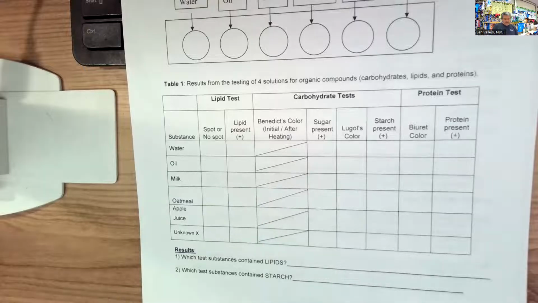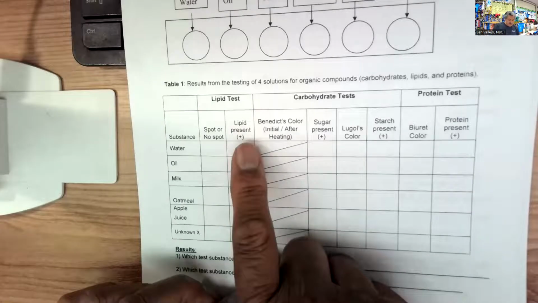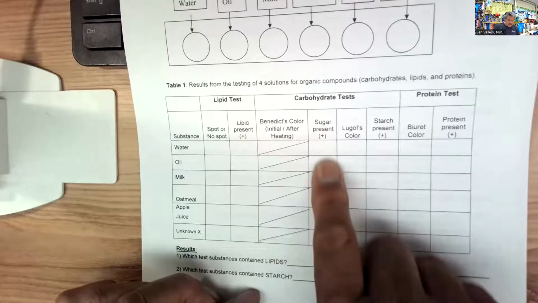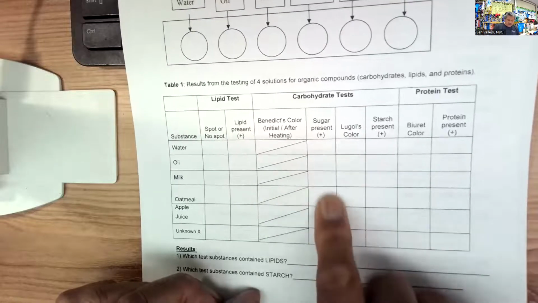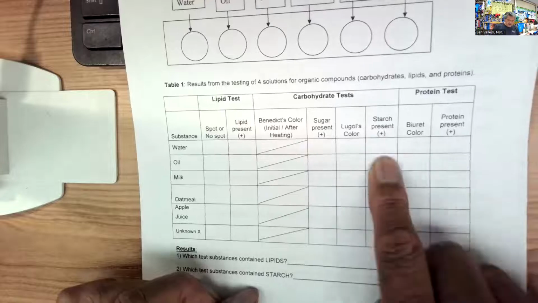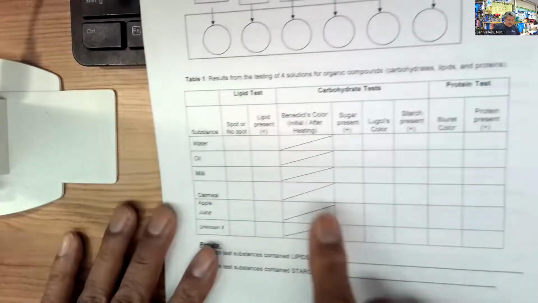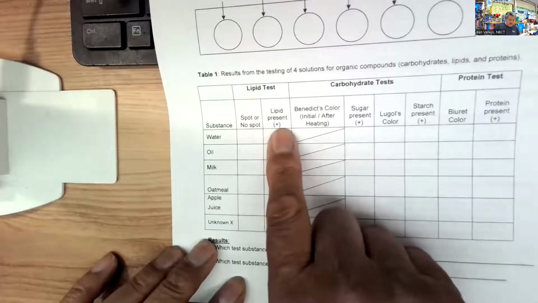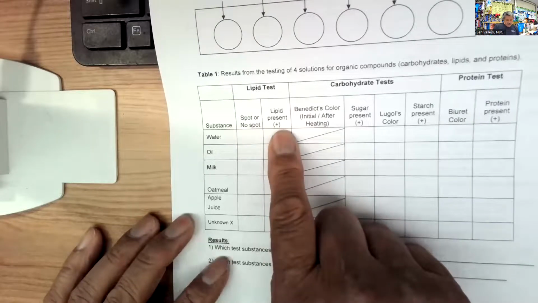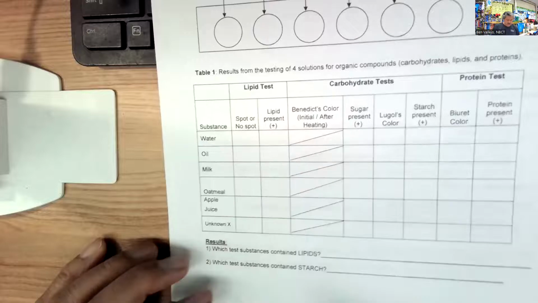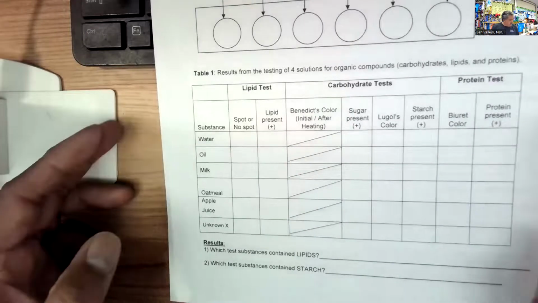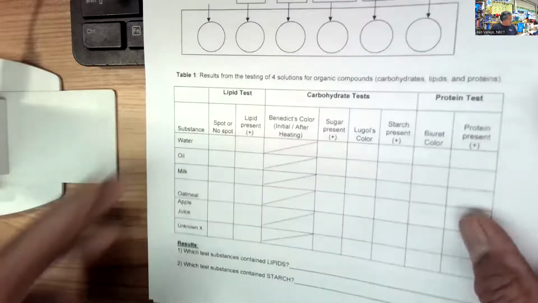And then from the pre-lab, if it turns a correct color, we can say whether it has Benedict's or monosaccharides, whether it has a polysaccharide, whether it has a protein. And over here, if it leaves a spot, you can put a plus if there is a lipid present, a fat or an oil.